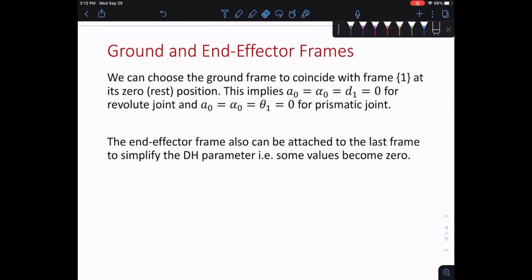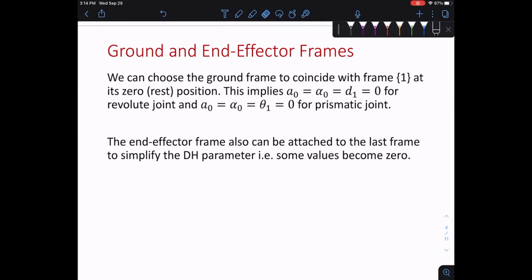Before I go to the example, I want to tell you why we put the ground frame and end effector frame where we do. We will always put the end effector frame on the last existing frame, right? Because these are all conventions, you could say, I want my end effector 10 meters from here with some rotation. You could do it, you just have to account for that rotation and distance.